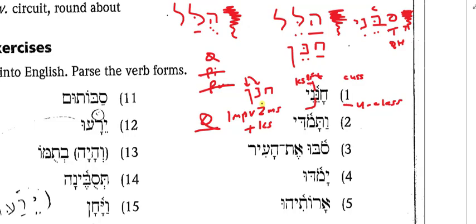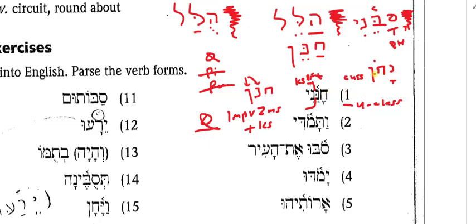This is the kind of language used in the Psalms, like when David is confessing his sin and he says, be gracious to me, O Lord, according to your loving kindness. Choneni. The Qal imperfect of Hanan would have been yachon. Chop off the prefix, chon. Add the pronominal suffix, choneni.